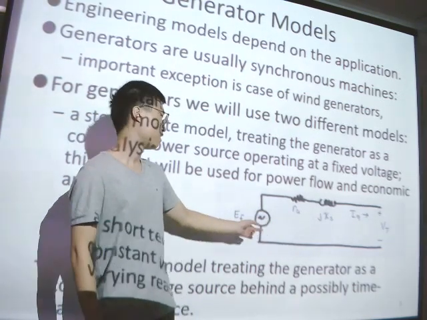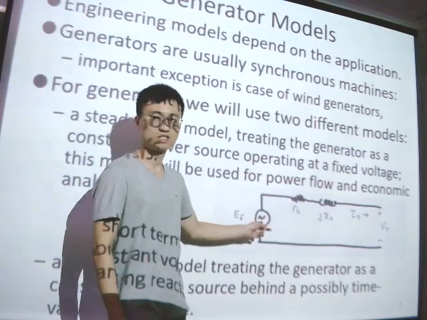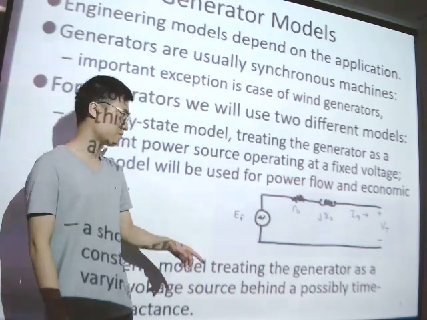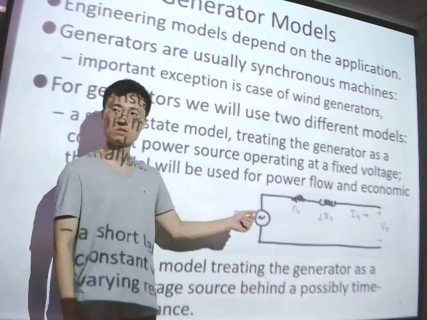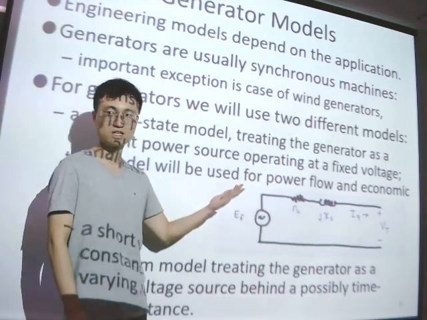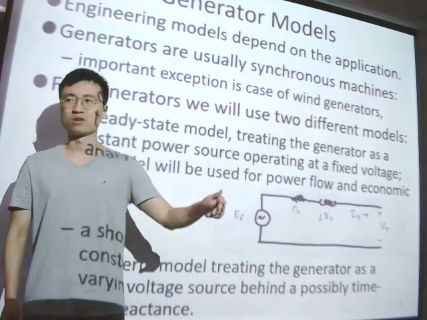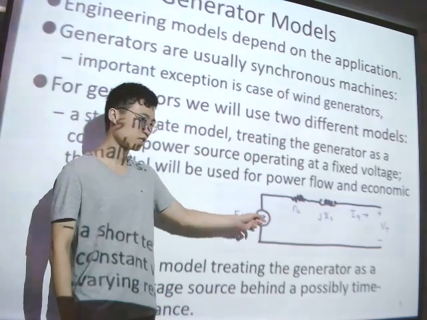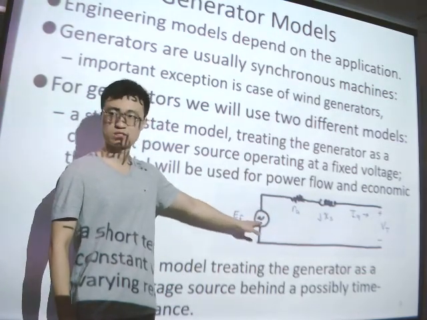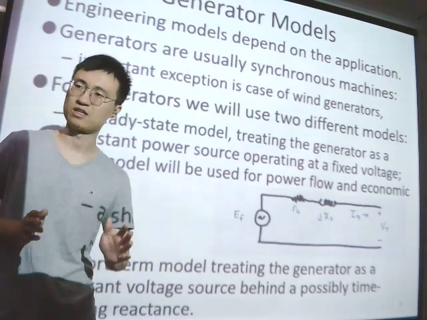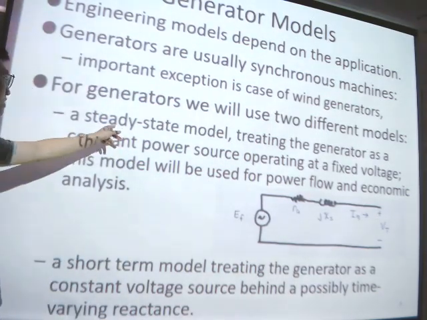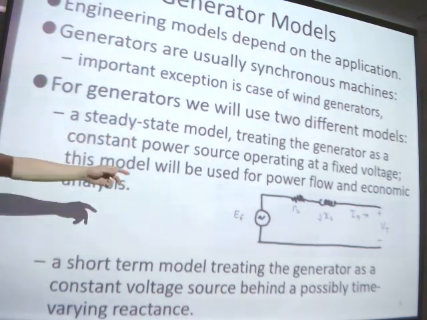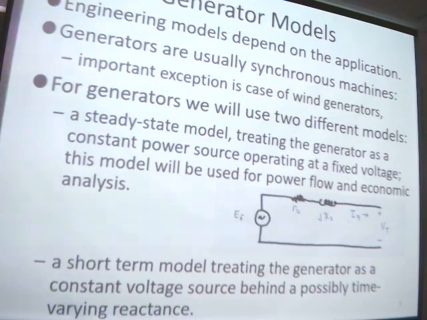We will set a specific voltage level for this voltage source, for example 1 volt with 0 degrees phase shift, and in all of our different working conditions, this source stays at 1 volt, unchanged. So with the steady-state model, the fixed voltage, this is the model we use for our following lectures, the power flow and the voltage stability.